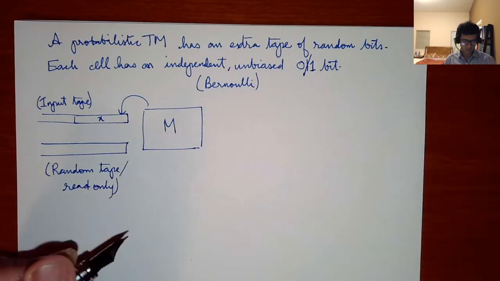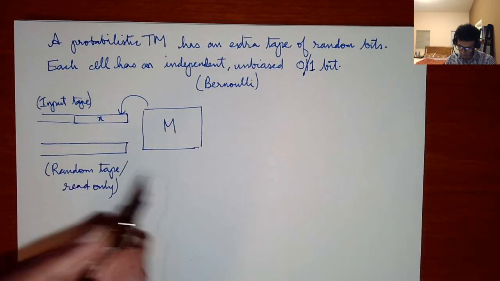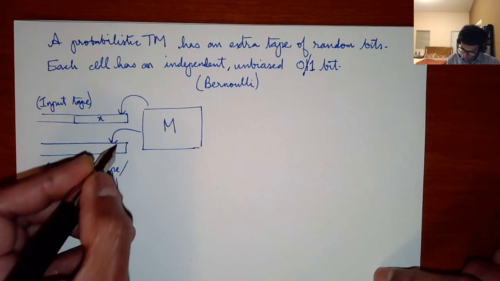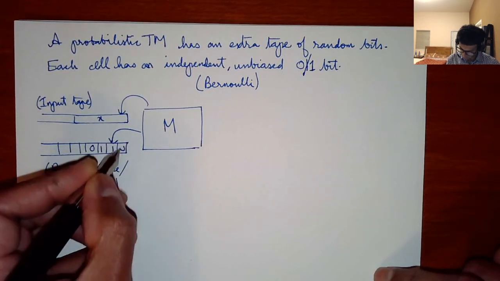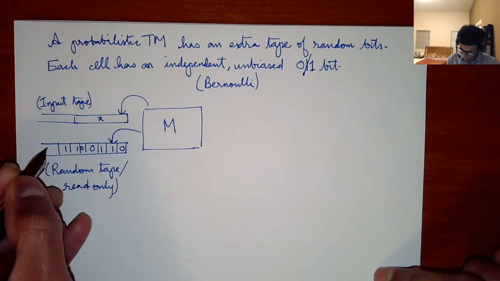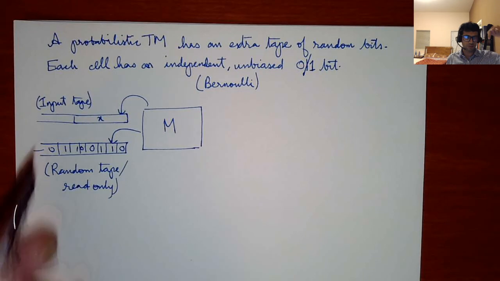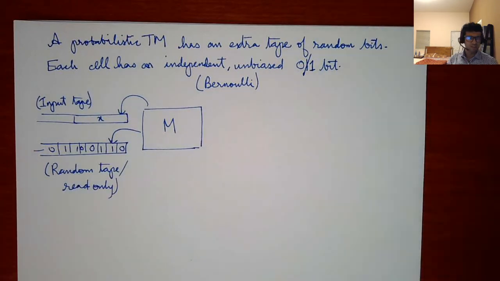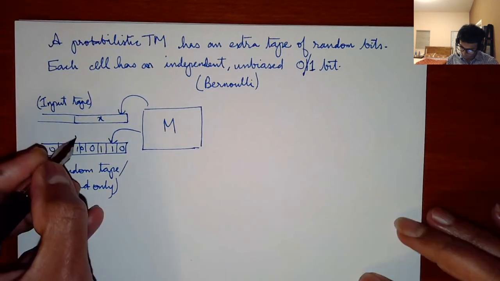So it's not using this space for writing, although for our purposes this is not really going to make much of a difference. And so what it has over here are just a sequence of bits. And you can think of the head over here as reading these cells. Every time it reads a new cell, poof, something flips, and then you get a random bit. So the random tape is read-only. And we will refer to this as R.